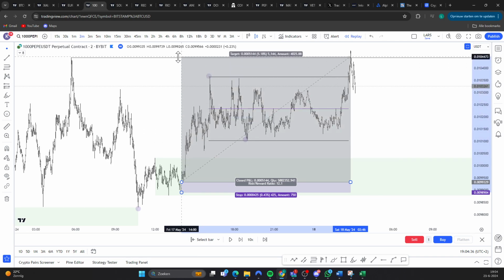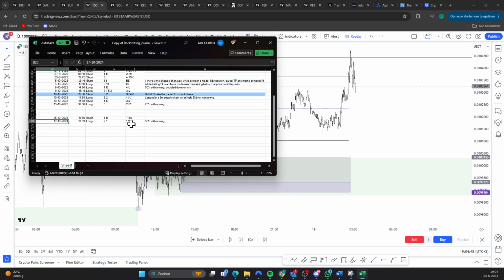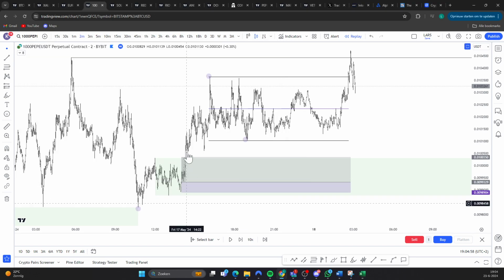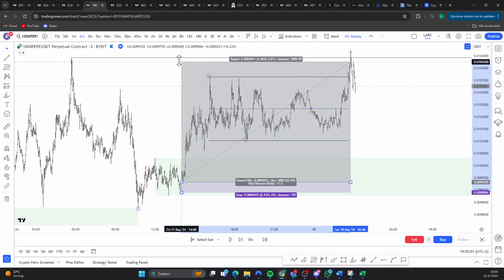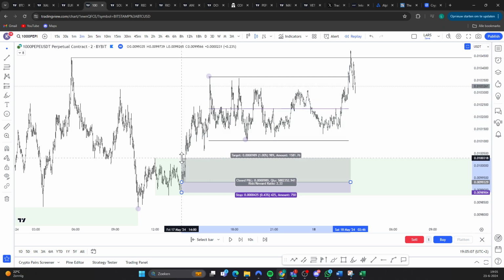From 2 till 12 is 10 extra RR, on a 50% is 5. So let's grab our cheat sheet and let's add 5 extra, making it 6.15. There you go.